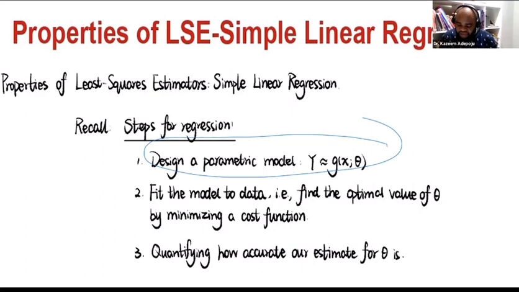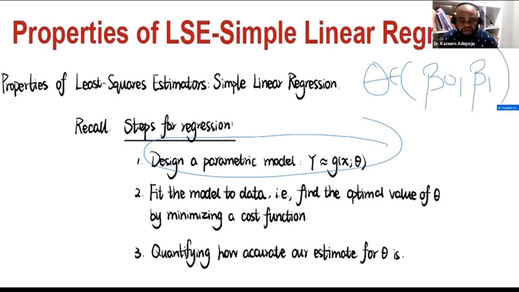For the case of linear regression, the theta now is actually going to be beta naught and beta one. You're going to have two parameters. The beta naught, the other time, I called that the regression constant, and the beta one I called the regression slope.